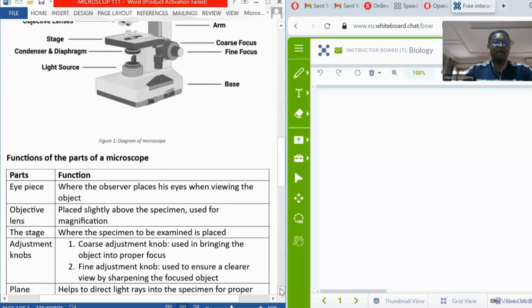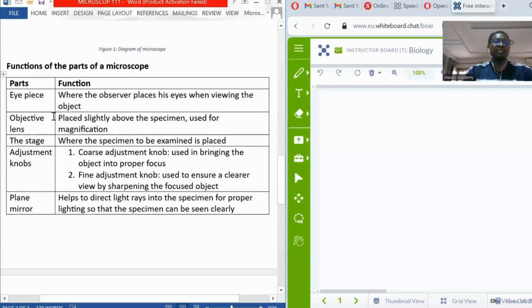So summarily, we have the eyepiece where the observer, the scientist or the student places their eye to view the specimen on the slide. We have the objective lenses, which are used to magnify. The objective lenses are of various magnification, depending on the size to which you want to magnify the object. We have the stage where the specimen is placed.